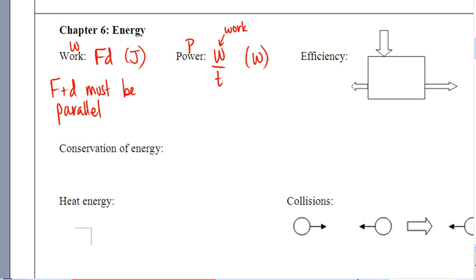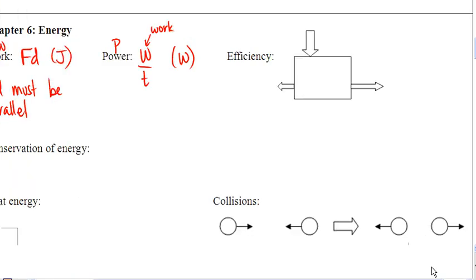Now, to calculate efficiency, if you need to do that, it's all about having a machine, and we have to ask ourselves, what is this machine doing for us? Now what you'll find in Physics 11 is the energy that goes into the machine is always going to be an electric motor, so it's P times T. We do have always with machines some kind of waste.